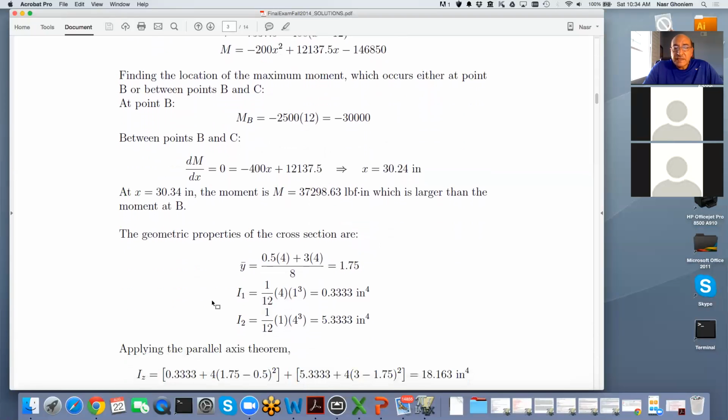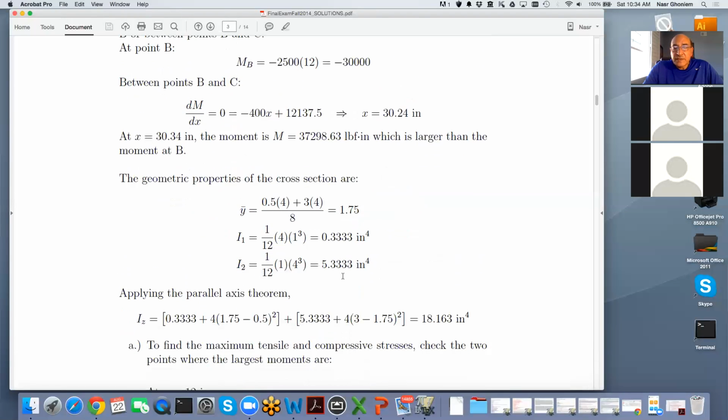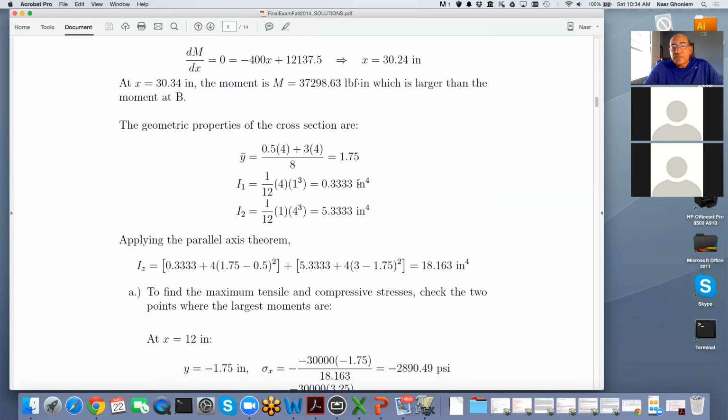Then you calculate the properties of the area, the centroid, the moment of area of the top piece and the bottom piece, combine them, and use the parallel axis theorem to get the total. That has to be like second nature now.